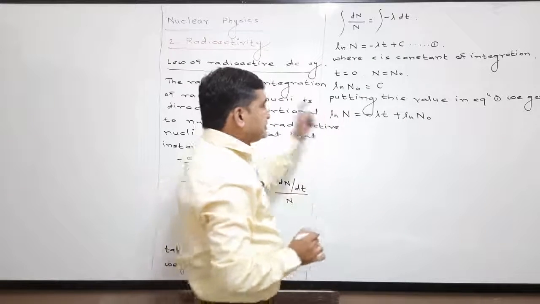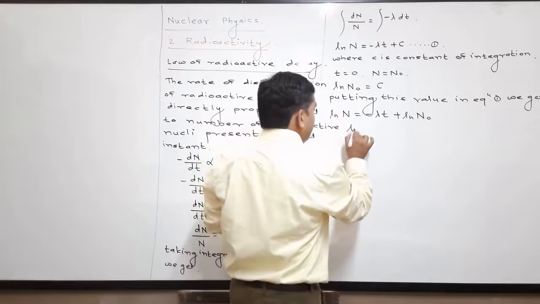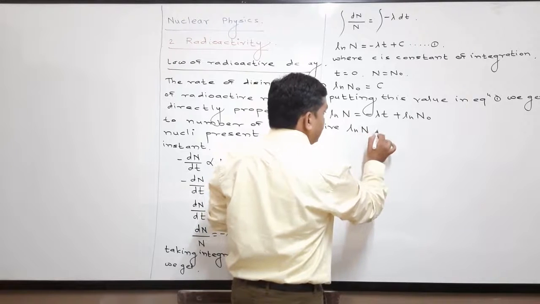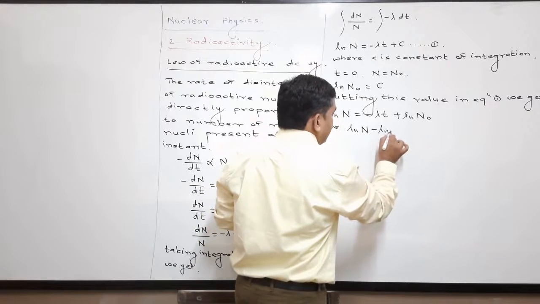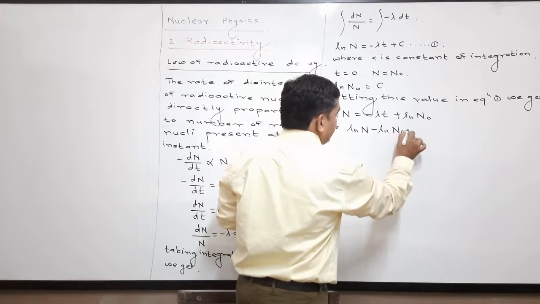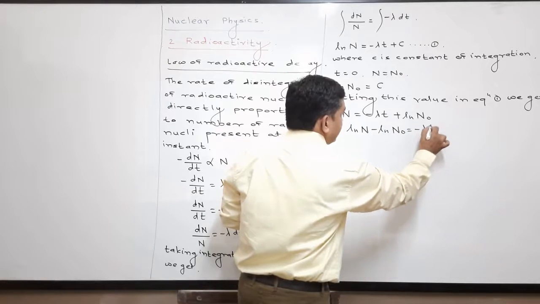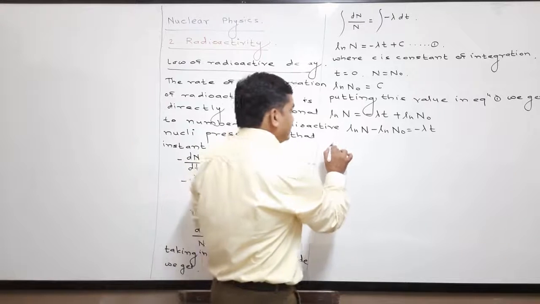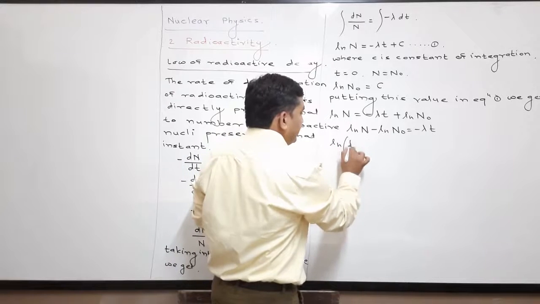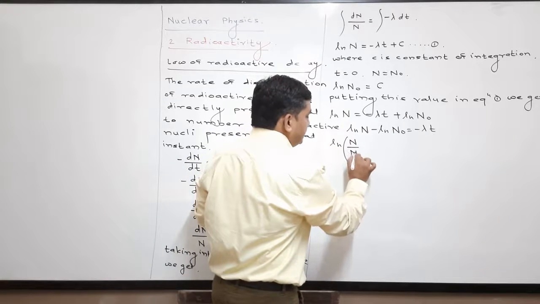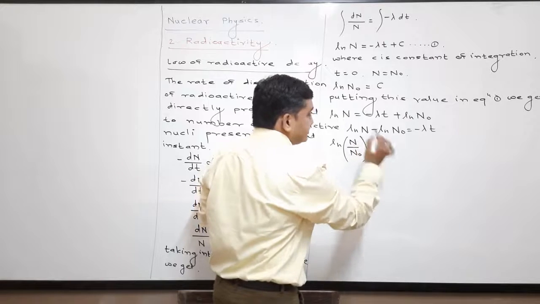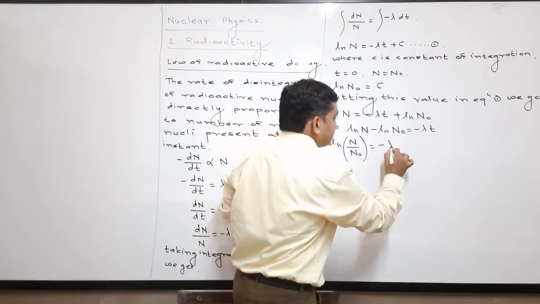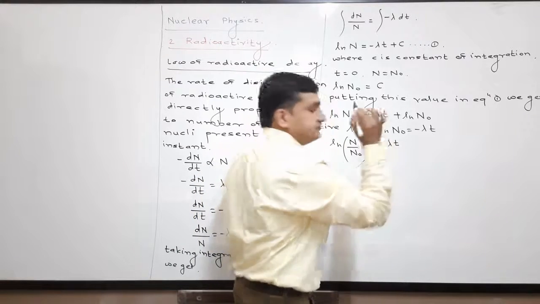This equation can also be written as ln of N minus ln of N0 equals minus lambda into t. So, this can also be written as ln of N upon N0 equals minus lambda into t.